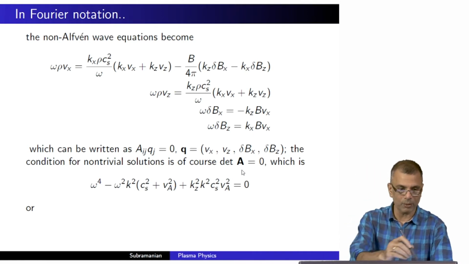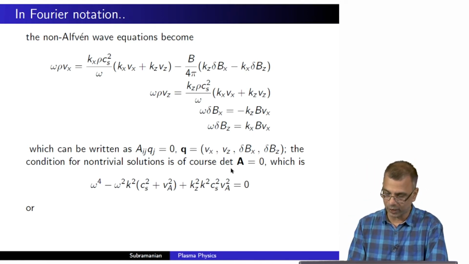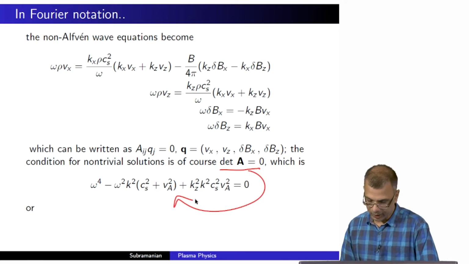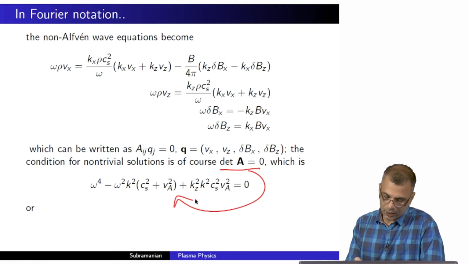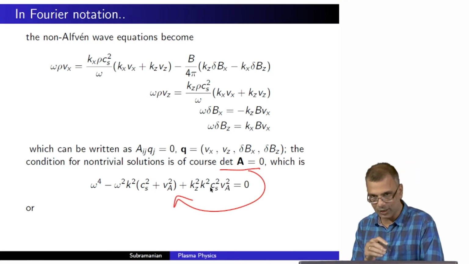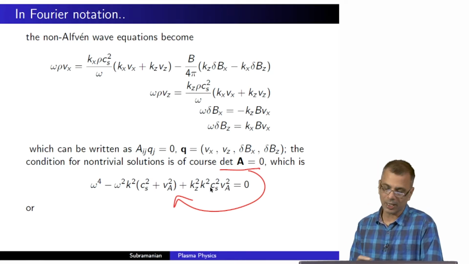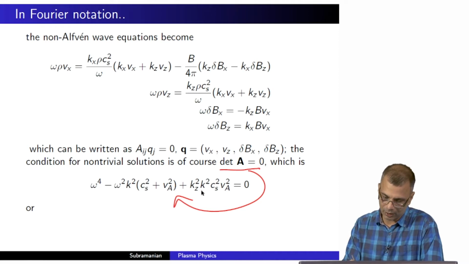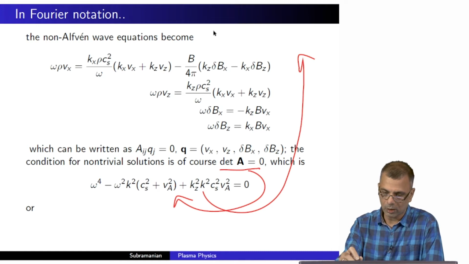This arises from simply the determinant of A equals 0. This gives rise to this whole thing. So now what we've done is, instead of writing kz and kx, we write kz and k itself, where k squared is simply kz squared plus kx squared.